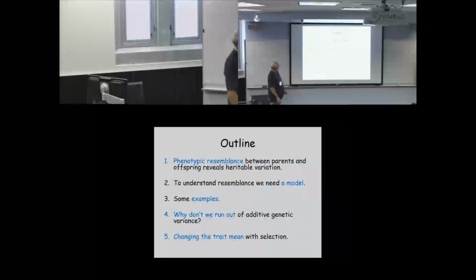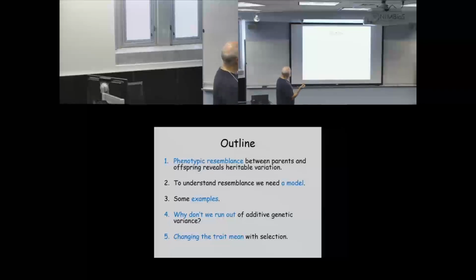Okay, so here's what we're going to do. We're going to go back again and look at phenotypic resemblance between parents and offspring, and we're going to look at, again, the Fisherian point that it reveals heritable variation and enables us to estimate additive genetic variance. And then we're going to go back and look at our model. We're going to look at a slightly more elaborated model in which we include not only dominance but epistasis.